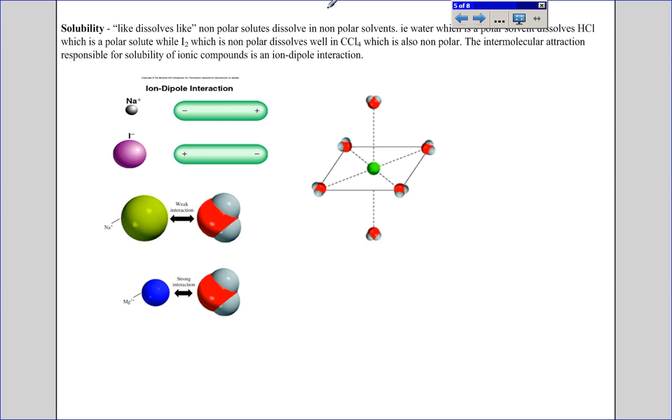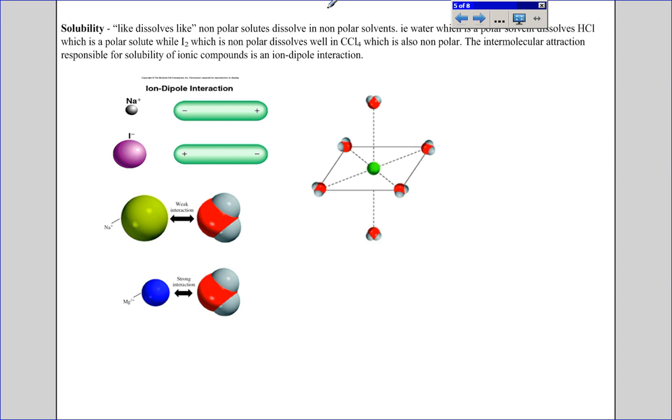When you think of solubility, what you want to think about is the fact that if something is dissolved, it's essentially being surrounded by the solvent. So if water is able to surround a particular solute, then it will be able to dissolve it. And in order to surround it, it needs to be able to interact with it in a positive way.